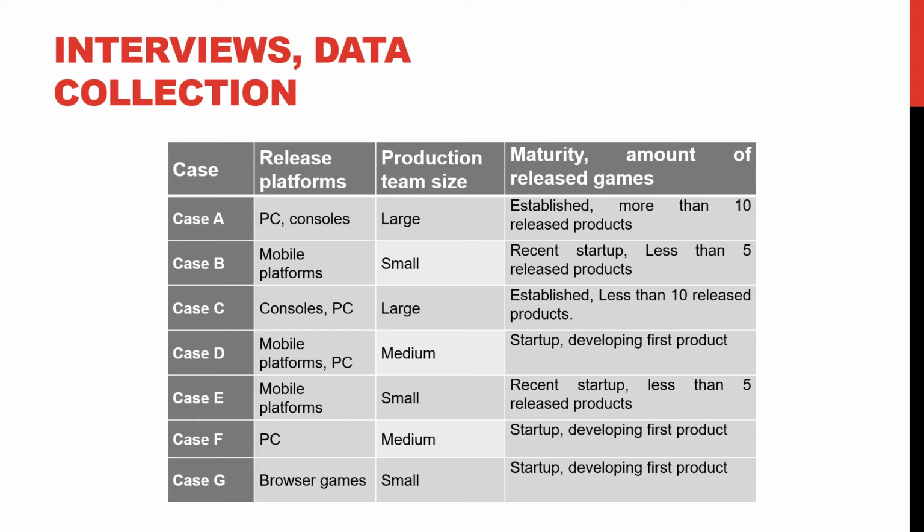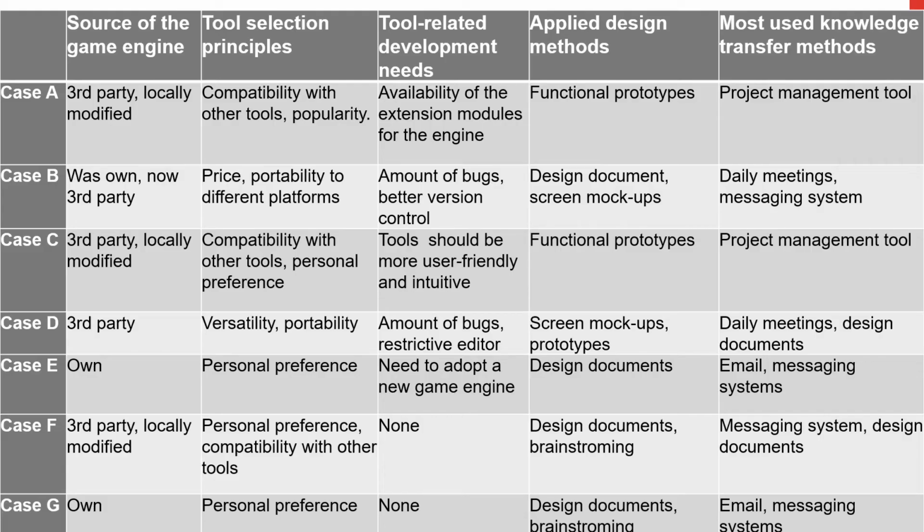So how do these different organizations develop their software or their games and products? Well, one of the important observations was that when this interview was done, these huge omnipresent game engines were more or less a new thing.